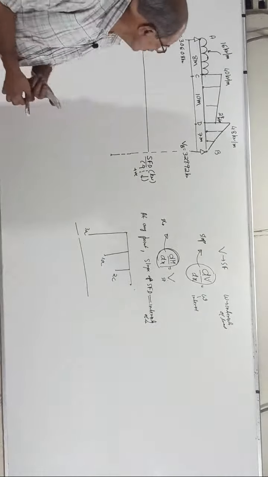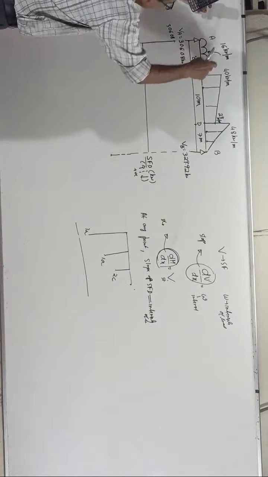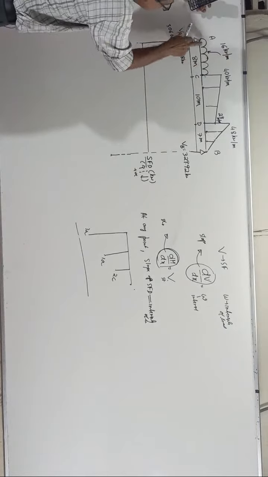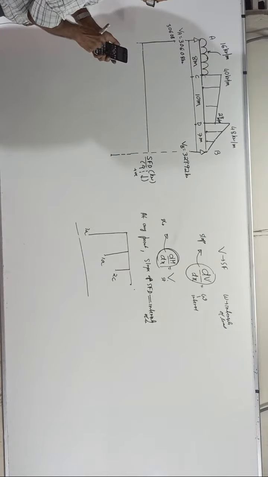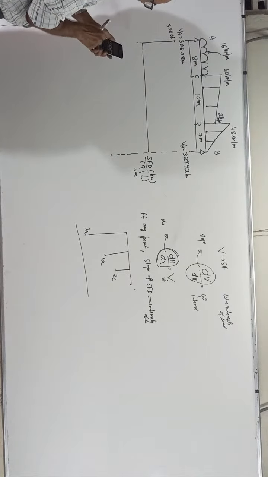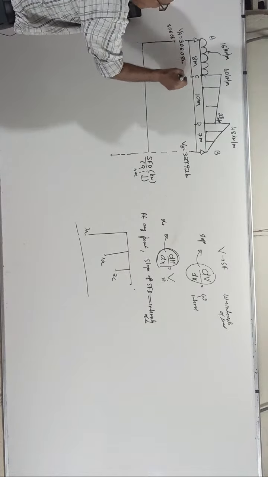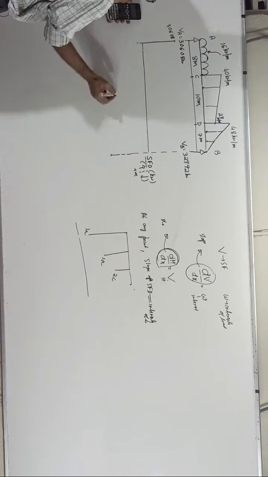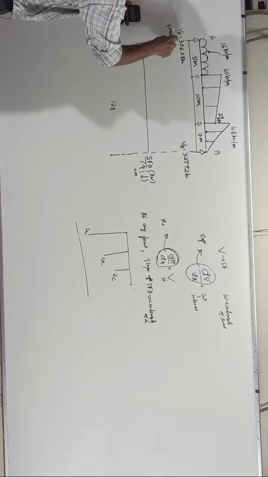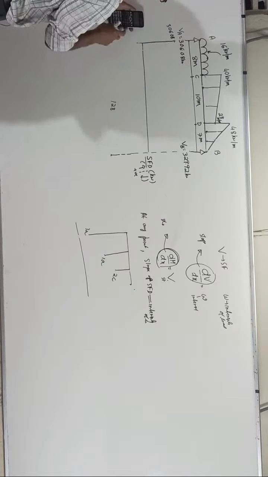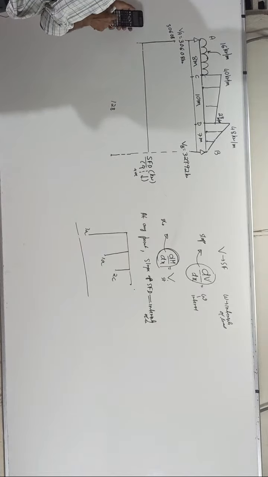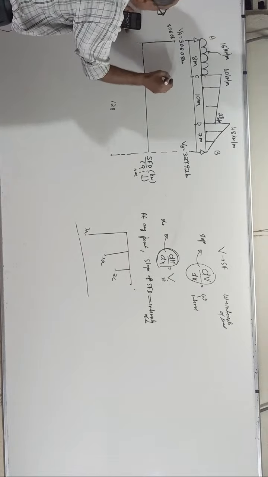Okay, now, from here to here, come down by 16 into 8. You calculate. 16 into 8 is 128. So from here, when you come down by 128, that is the total load. How much is it? 306.08 minus 128 will give you 178.08.